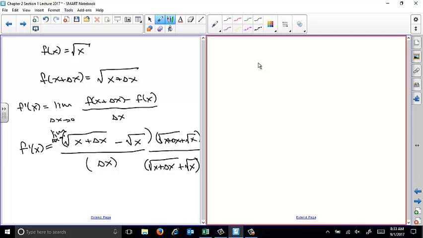I'll give some of you a chance to try it yourself. So we're doing 1 over the square root of x. You can probably figure out what the answer should be: you would change that to x to the minus 1/2 power. So the answer is negative 1/2 x to the negative 3/2 or something like that.